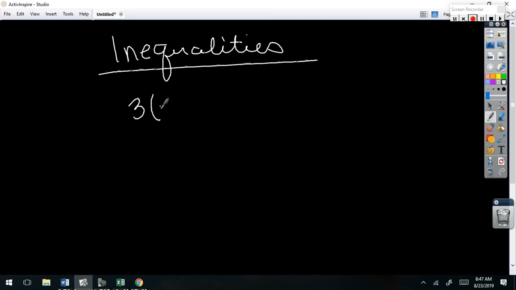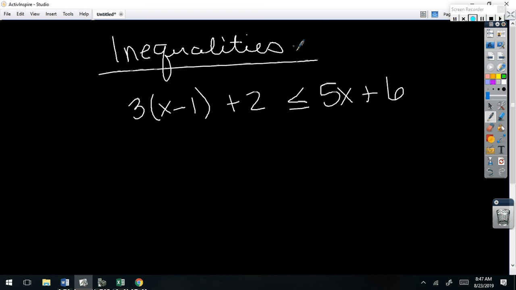We just reviewed this in honors yesterday. Everything's exactly the same except one step. It has to do with a negative. Nobody remembers?